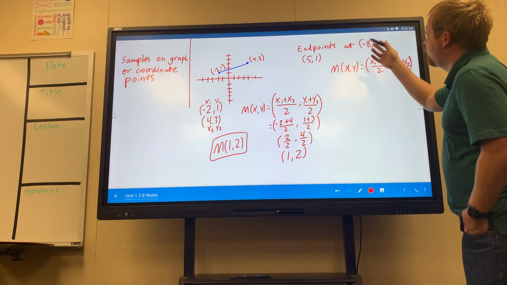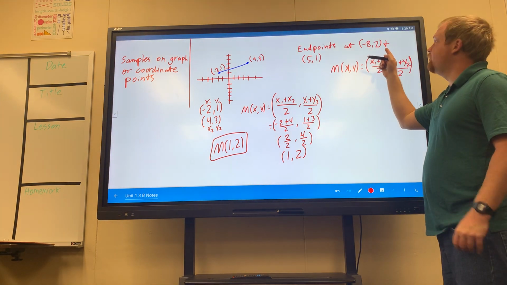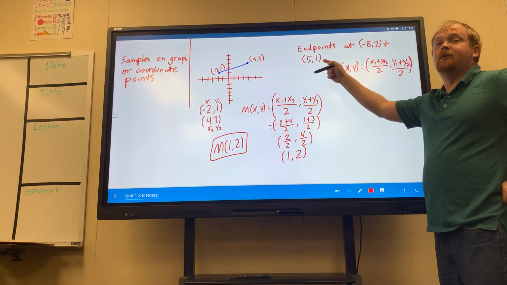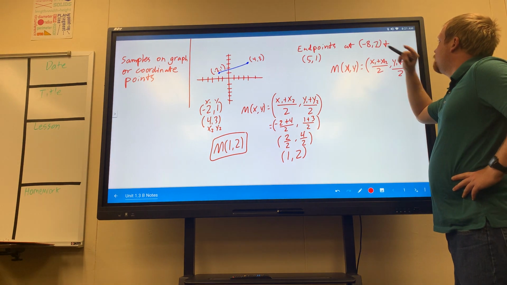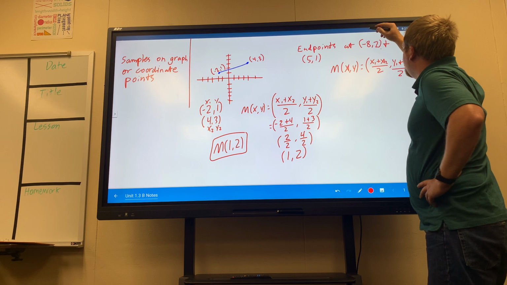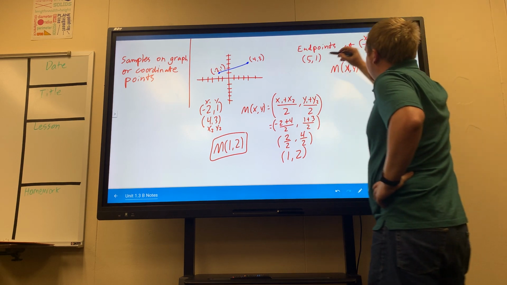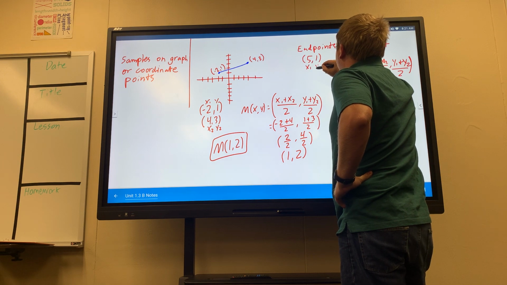So looking at the endpoints, we have endpoints at (-8, 2) and (5, 1). So thinking about it, let's make this x2, y2, and this will be x1, y1.